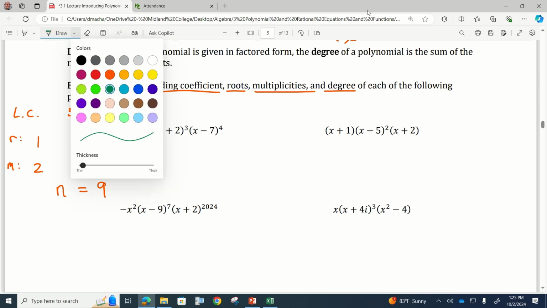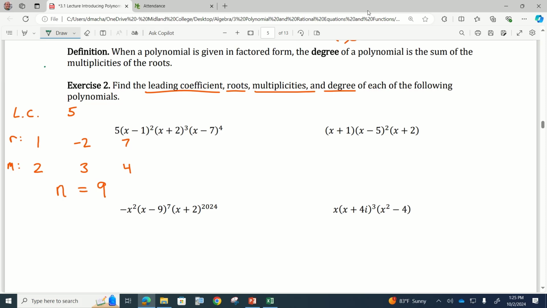All right, moving over here to the right side. The leading coefficient here is 1. Yeah, if there's nothing written out front, that just means the leading coefficient is 1. What are the roots of this polynomial? -1, +5, -2.